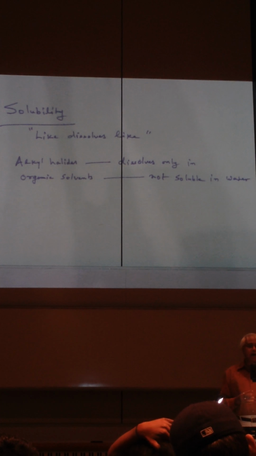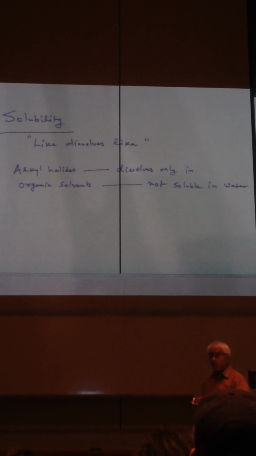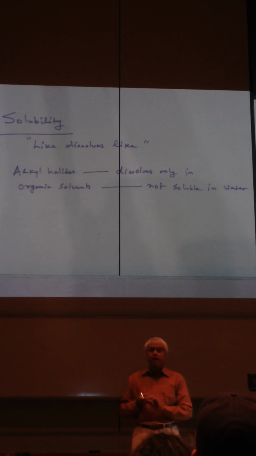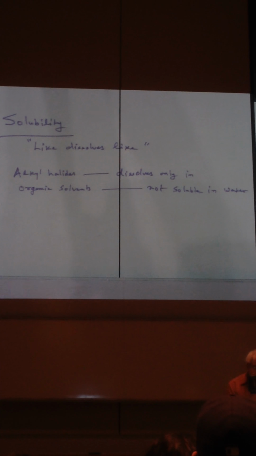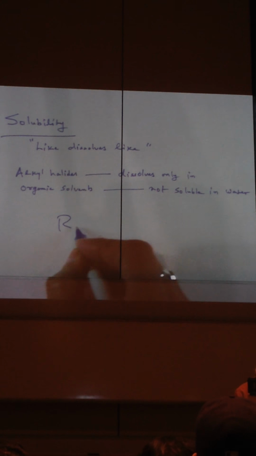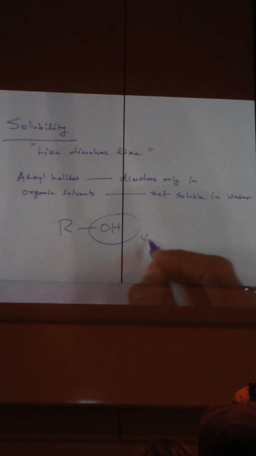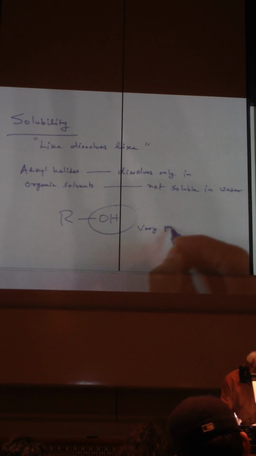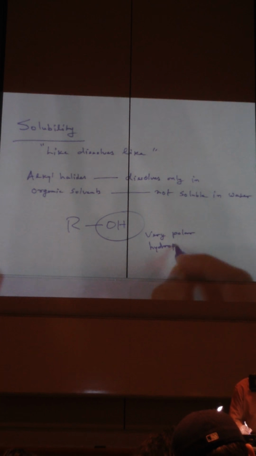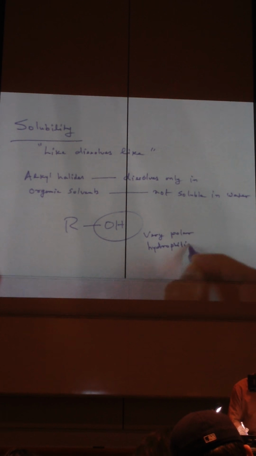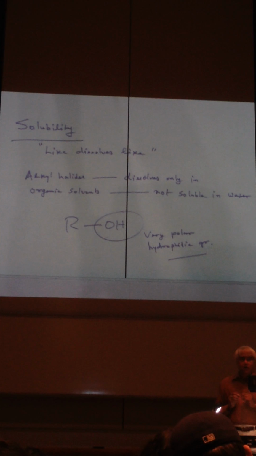On the other hand, for alcohols, what happens is the OH group, because it's polar and also has that unique ability to hydrogen bond, is very soluble. So if you have an ROH, the OH is a very polar hydrophilic group.